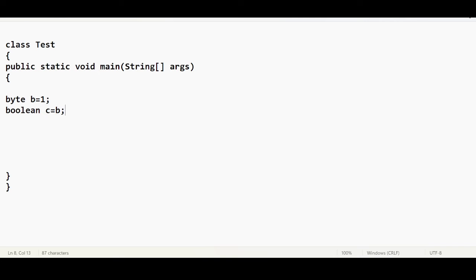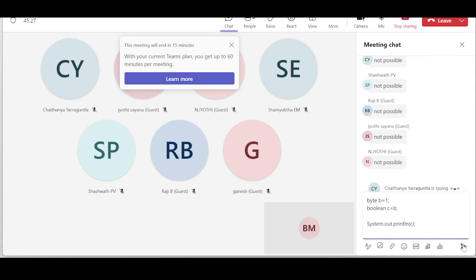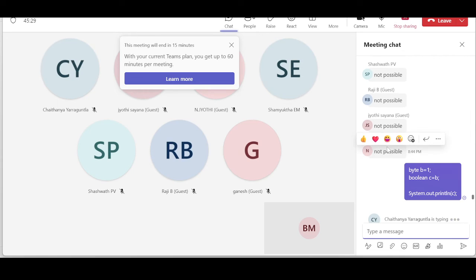Byte b equal to 1, boolean c equal to b, System.out.println. What is the possible answer? Possible answer is not possible.